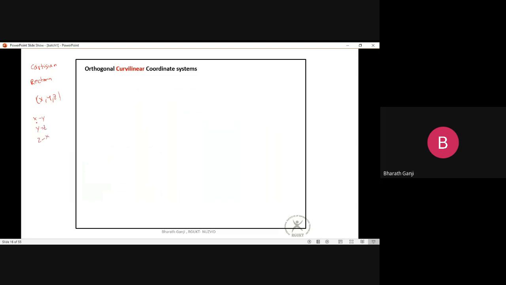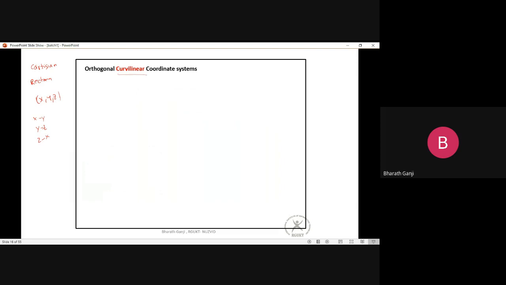You know all of this already. The most commonly used coordinate system is the rectangular coordinate system, but sometimes we prefer these orthogonal curvilinear coordinate systems.